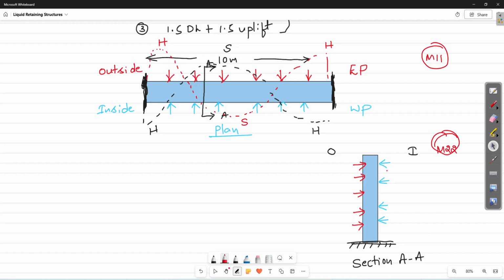Similarly, when you have water pressure from inside, in case of vertical bending, initially you have hogging at the base of the tank.